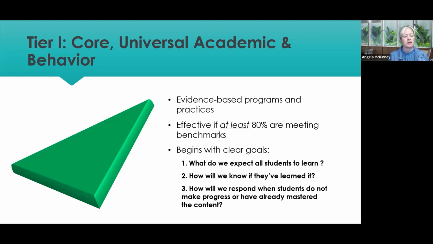It always looks different. And we can't just say, well, we want them to know the standards. We want them to be able to pass the iRead test or the iLearn test. Yes, we want those things too, but getting down to the nitty gritty of really what do we expect them to be able to know, understand, and do? How are we going to know if they've gotten there or not? That's where our data comes in, and we'll talk about data next.